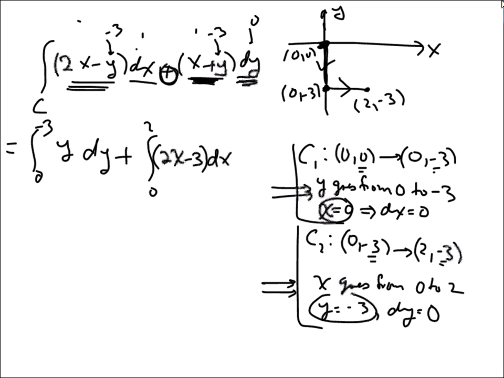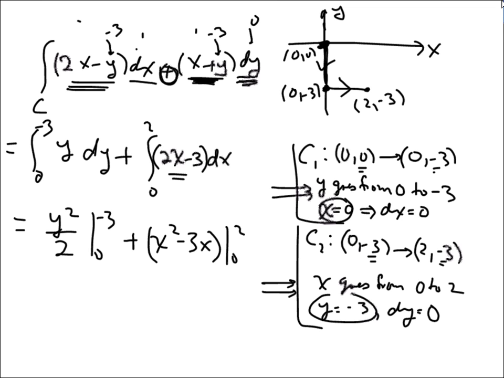So we get y squared over 2 from 0 to negative 3, plus this integral is x squared minus 3x, where x goes from 0 to 2.